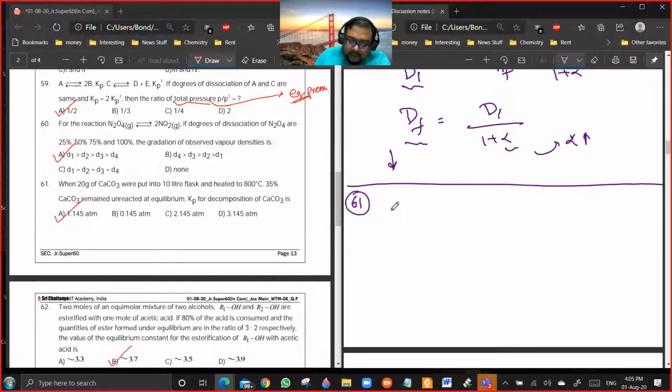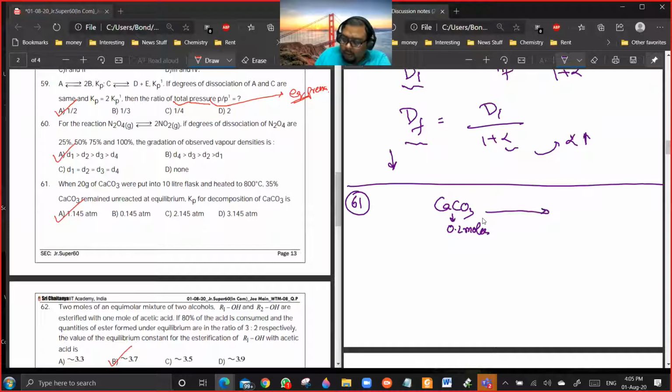Now you see, you have calcium carbonate, and 20 grams of calcium carbonate is basically 0.2 moles, 20 by 100. And you have put it in a 10 liter flask and 35% of it decomposes.